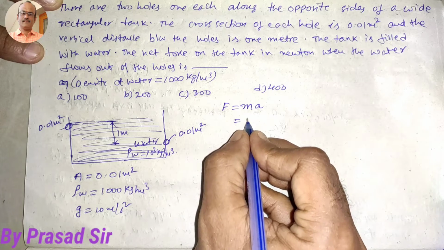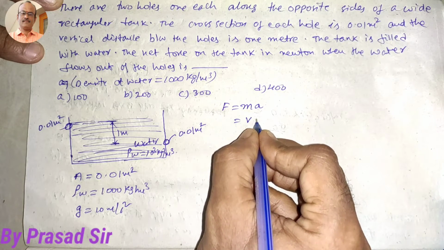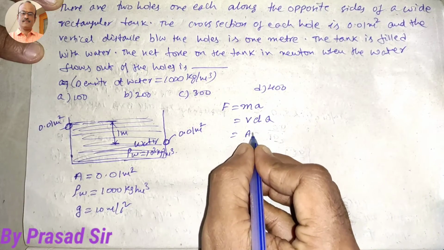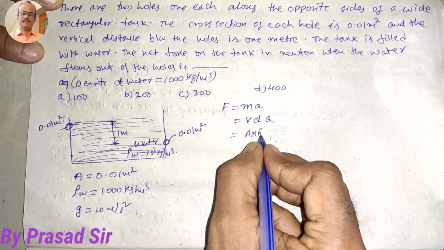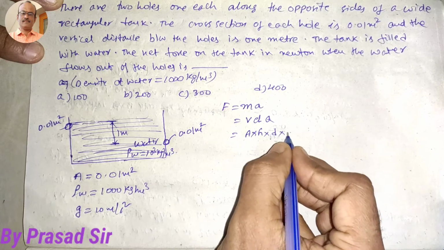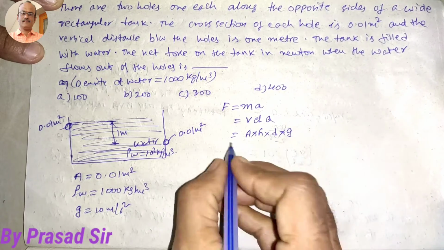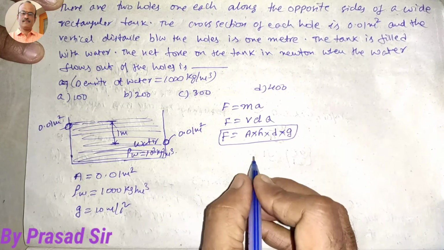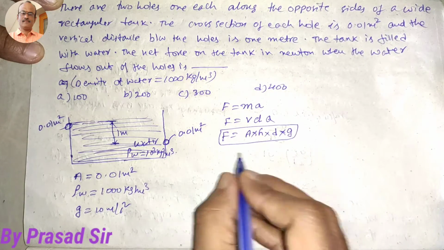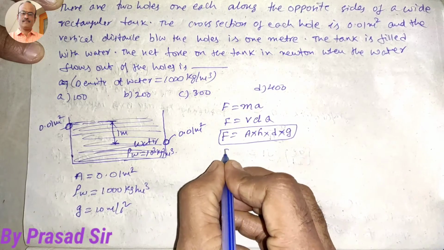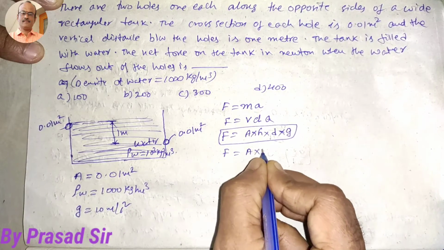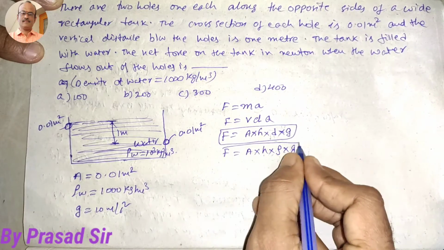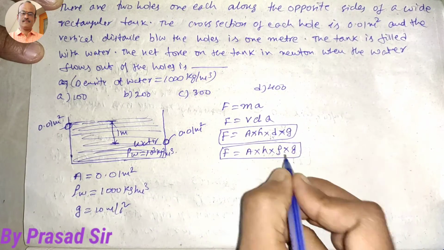Mass is volume into density, so force is area into height into density into acceleration due to gravity. This one we should remember, it is very important. It can be written as F is equal to A into H into density into gravity, where D is equal to rho.